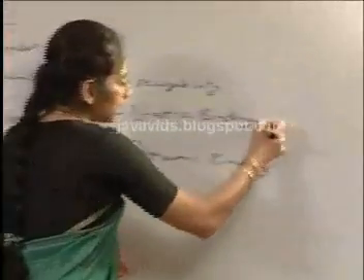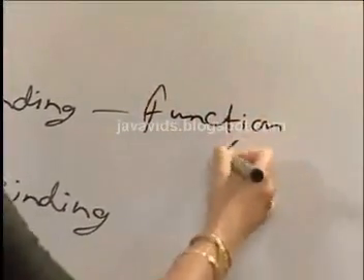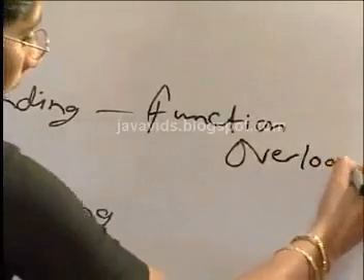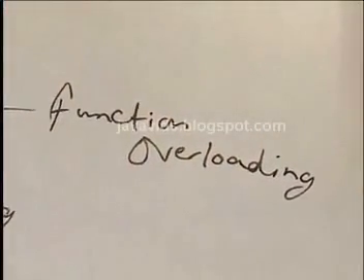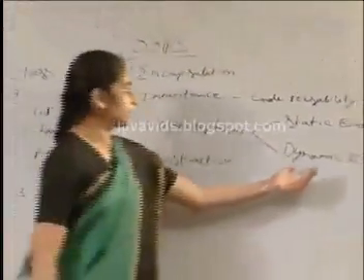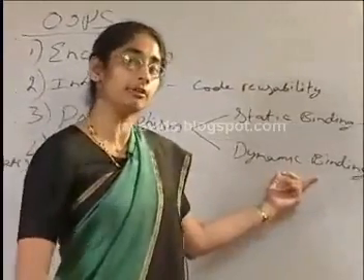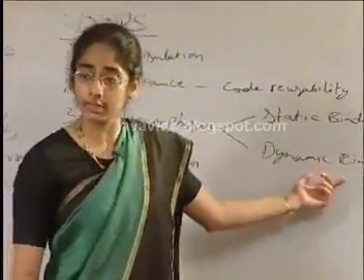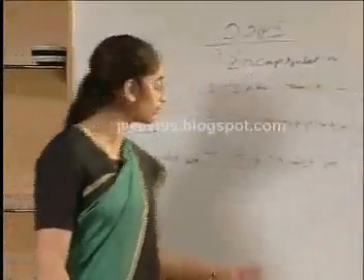So example of static binding is function overloading. When we talk about dynamic binding, it is when a particular object acts differently depending on the type of reference that's passed to it. So we'll talk about this little later.